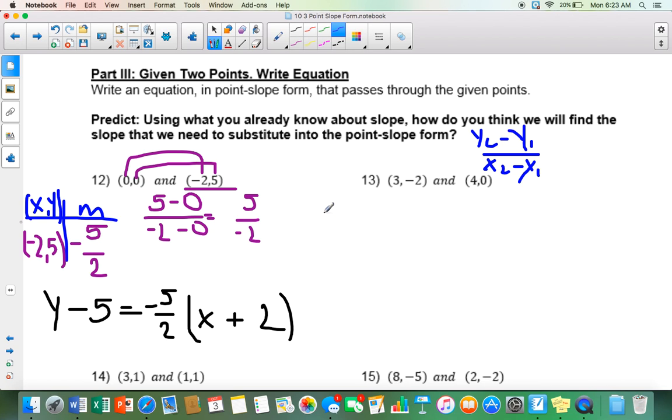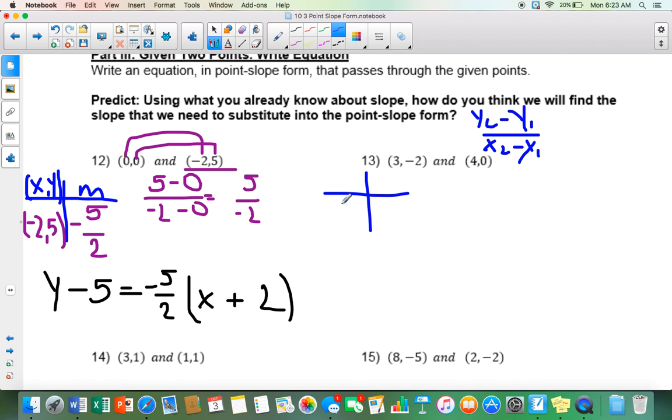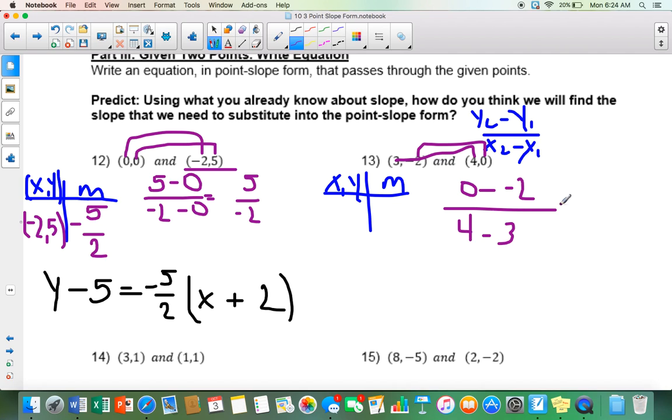All right, here we go again. We've got 2 points. And I need to use an x and a y, and I need to find my slope. So we're going to go ahead and find our slope. 0 minus a -2 over 4 minus 3.